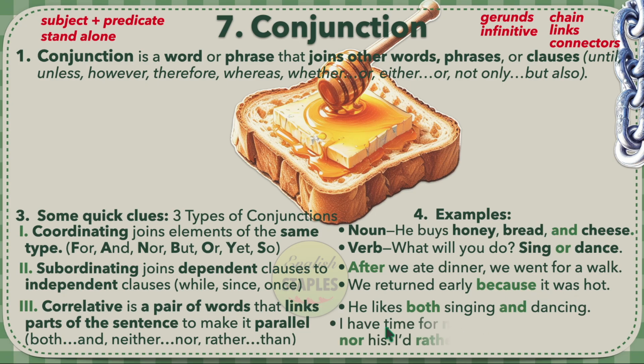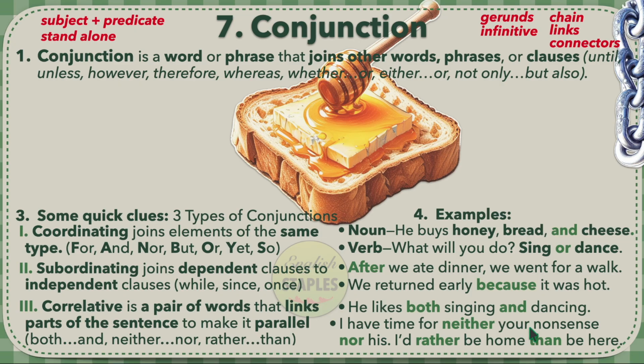Let's look at another example. I have time for neither your nonsense nor his. I'd rather be home than be here. Nonsense is foolishness. So something is going on that the speaker is not happy about. So the speaker is saying neither. So we do have neither and nor, which is fine. We have the pair here, both words. Is the sentence actually balanced? Yes, it is.